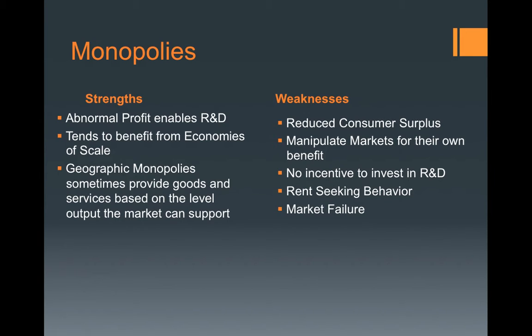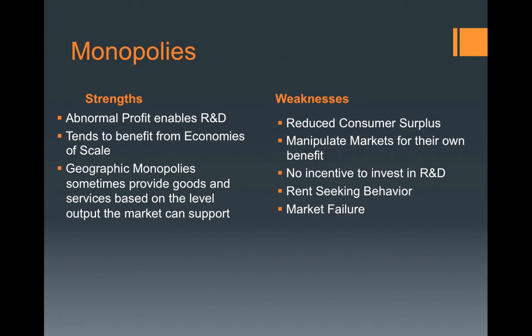Finally, one last strength: not all monopolies are bad. Things like geographic monopolies provide goods and services that actually benefit the market, and the market can actually support things like what we said earlier, like gas stations in the desert, and people do need gas in the desert.